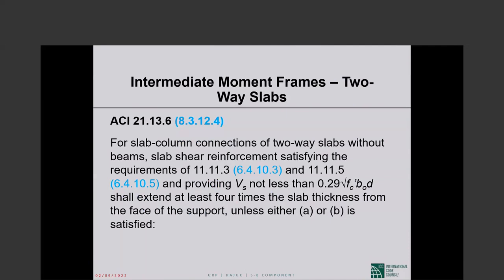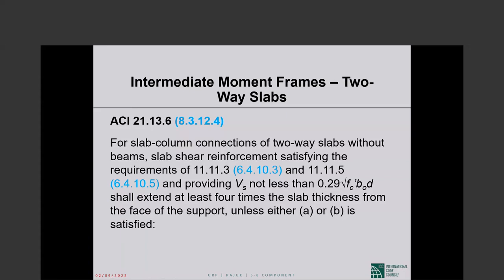Okay, so 21.13.6 is not formulated for intermediate moment frames, but intermediate moment frames are invoking that section. If you do what we require there, you don't have to live with the severe limitation of 40% phi V sub c on the shear that develops, the punching shear due to gravity.